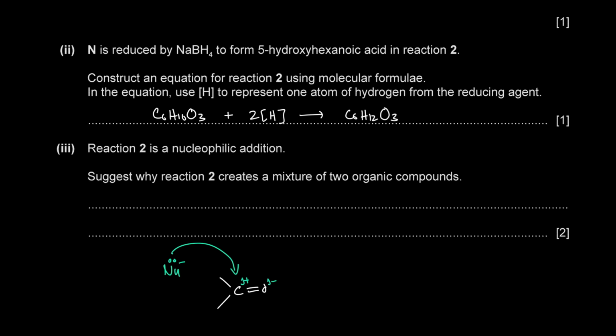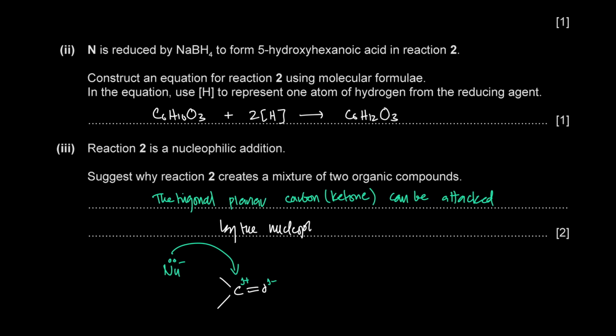So what we can say over here is that the trigonal planar carbon, that's the ketone carbon, can be attacked by the nucleophile from either side, resulting in the formation of a mixture of optical isomers.